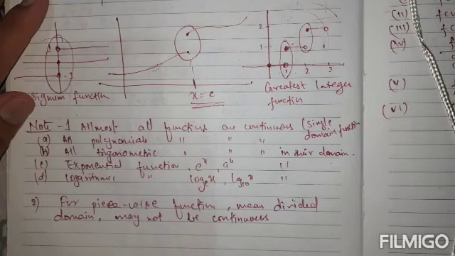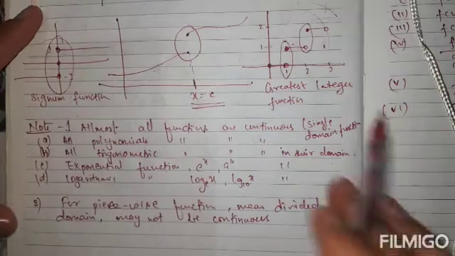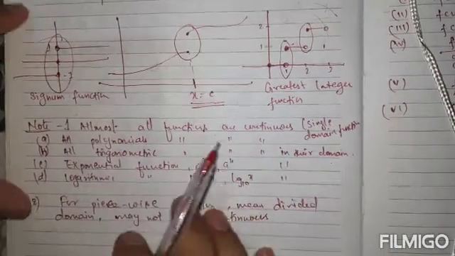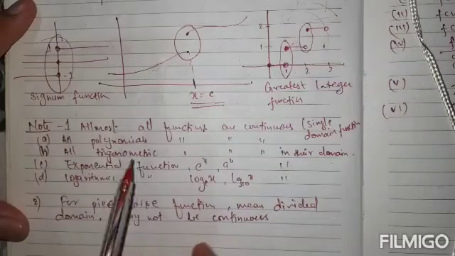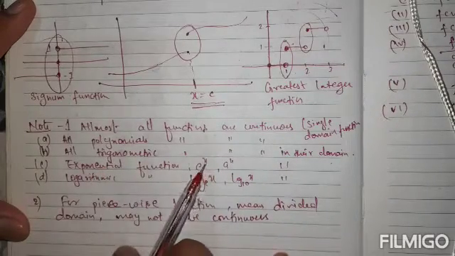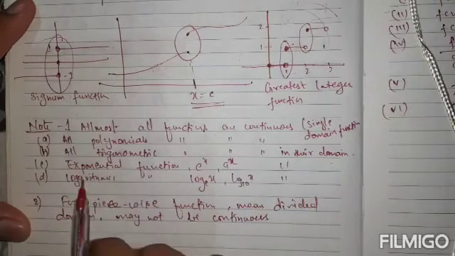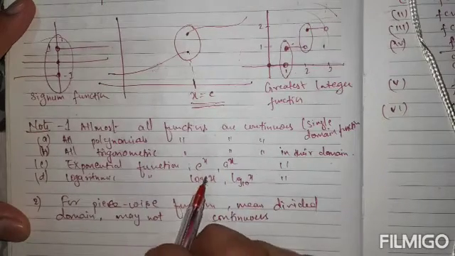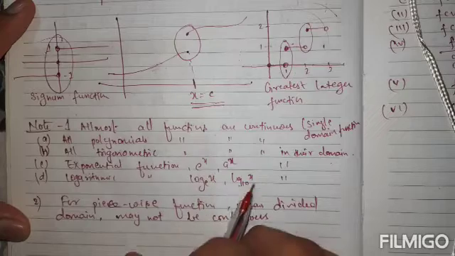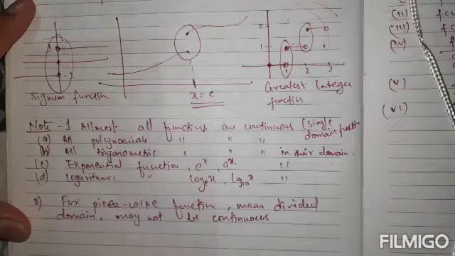In their domain means we are not talking about all the real numbers. We'll discuss the continuity of the function afterwards when the exercise starts. Similarly, all exponential functions of the form e raised to x, a raised to x, and all the logarithmic functions of the form log x to the base e, log x to the base 10, are always continuous functions.